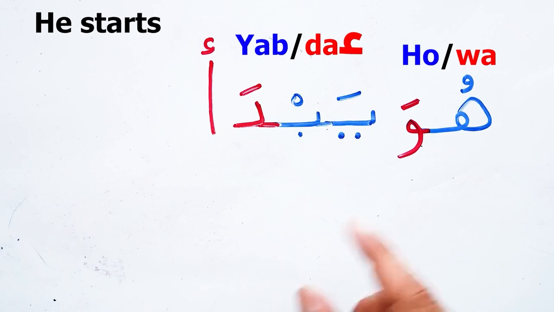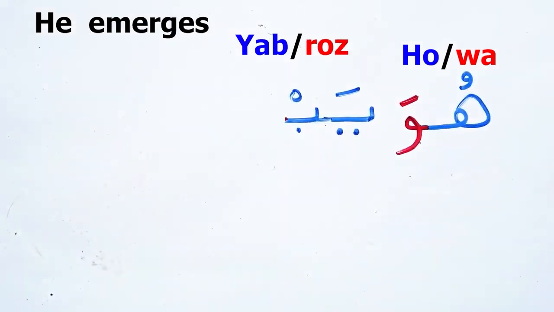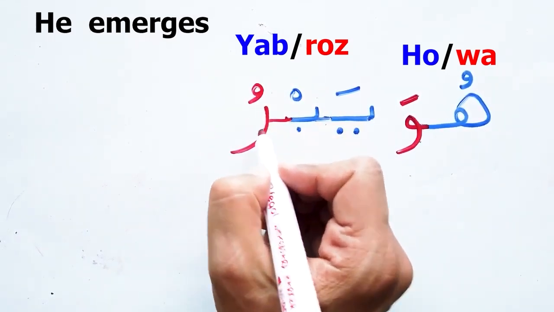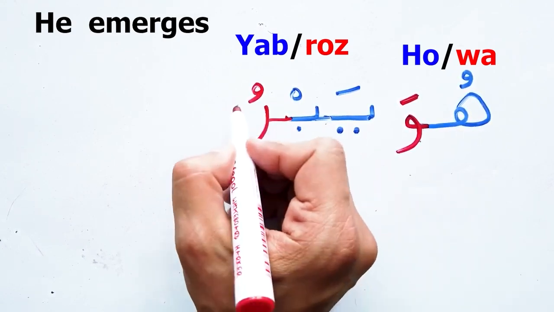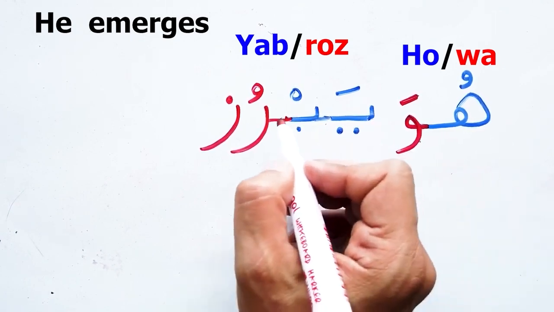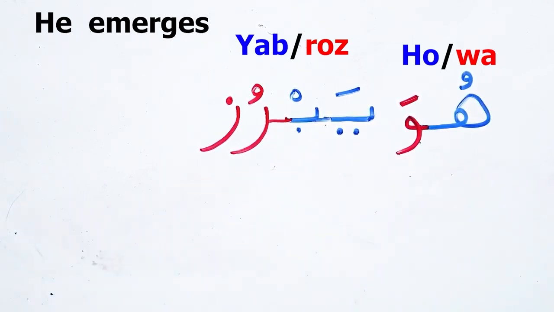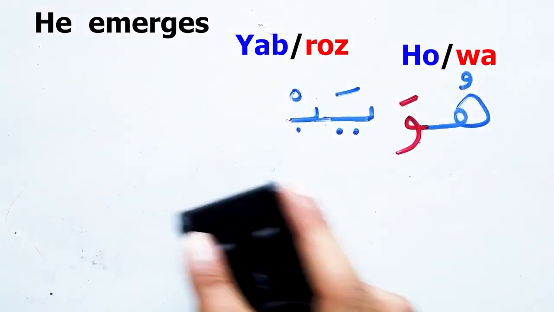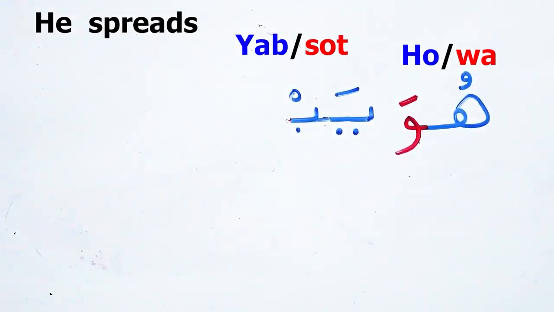Another word, هو يبرز. يب رو, the sound of R, but with dhamma it will be رو. يبرز.